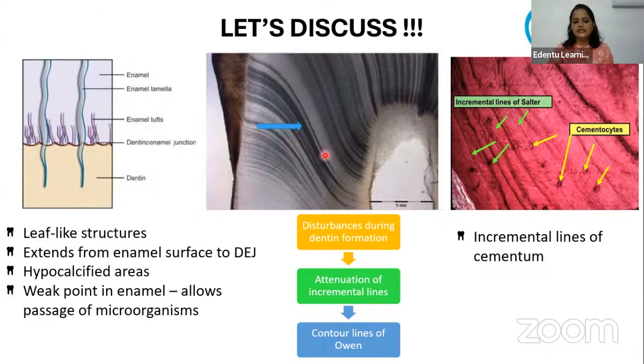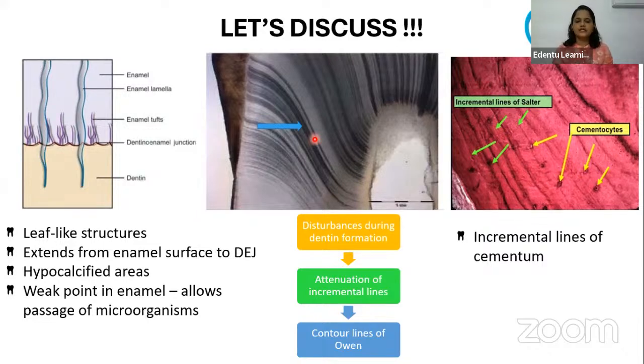Now the next option is the contour lines of Owen. Where will you see these contour lines of Owen? They are mainly seen in the dentine. In case of any disturbance during dentine formation, like nutritional deficiency, any disease, or some environmental changes, the dentine mineralization and everything will be affected.